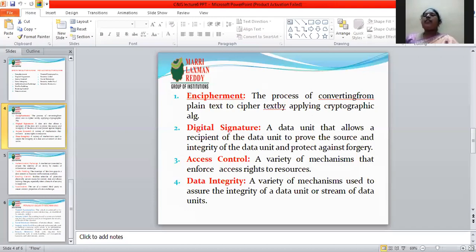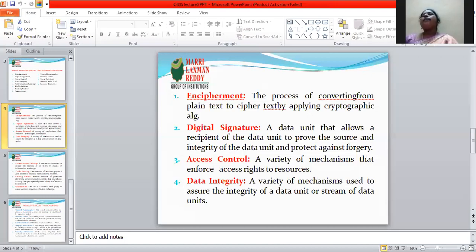And next one, digital signature. Digital signature is nothing but an electronic signature, a data unit that allows a recipient of the data unit to prove the source and integrity of the data unit and protect against forgery.